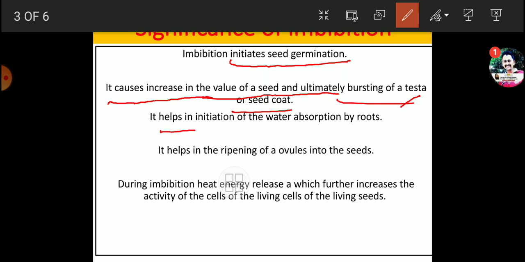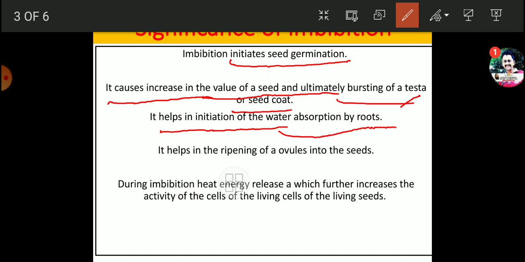It helps in the initiation of water absorption by roots. We know that roots absorb water, but first of all the root absorbs water on its external side, and then the absorption of water begins.